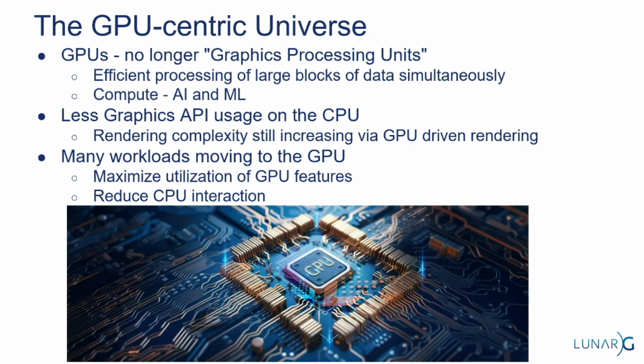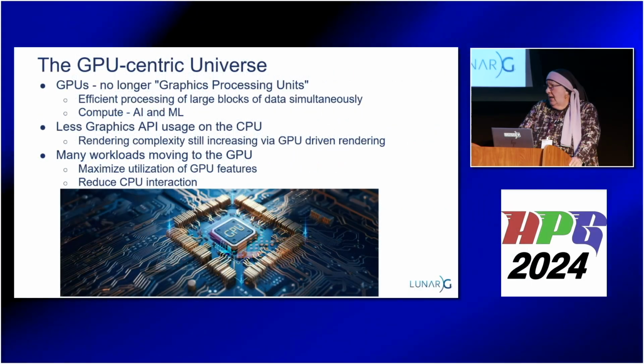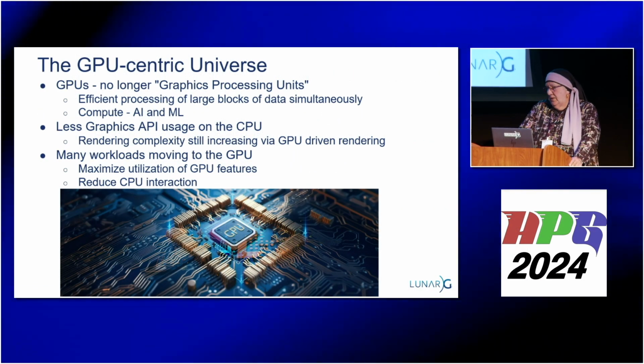Artificial intelligence, machine learning, etc. More and more, less graphics API usage is actually occurring on the CPU, but rendering complexity is still increasing via GPU-driven rendering. Workloads are moving to the GPU because they want to maximize utilization of those performance benefits of the GPU features, and they need to reduce CPU interaction.